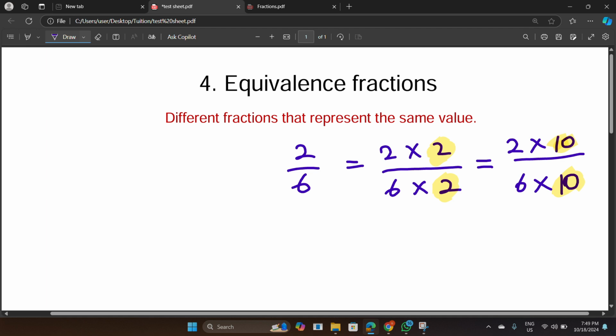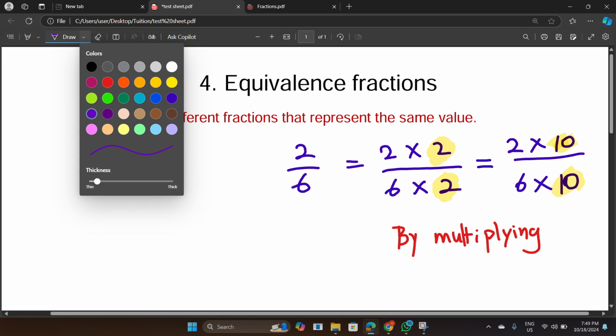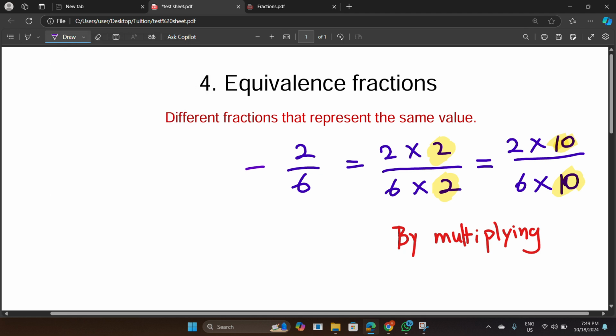This is one method, by multiplying. And also you can write an equivalent fraction for a given fraction by dividing both numerator and denominator by the same number. We can divide both 2 and 6 by 2. So after dividing, we get 1 over 3 as the answer.